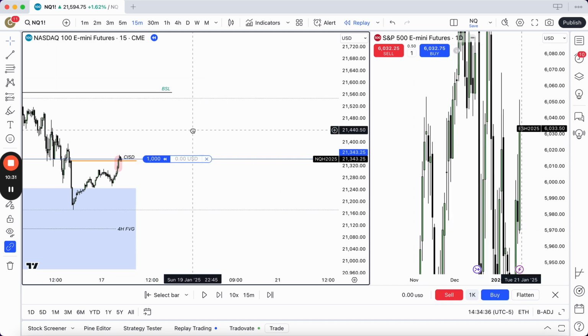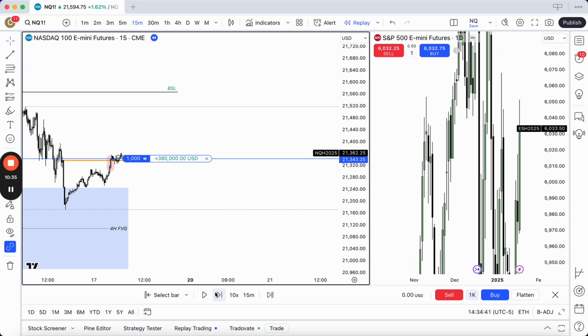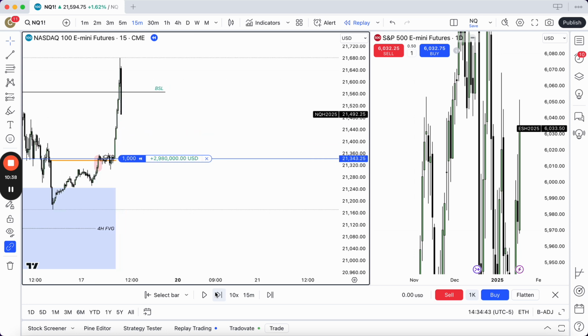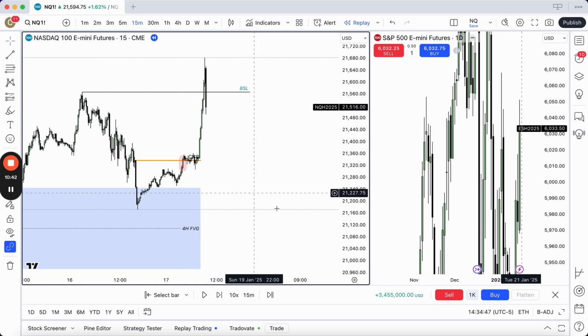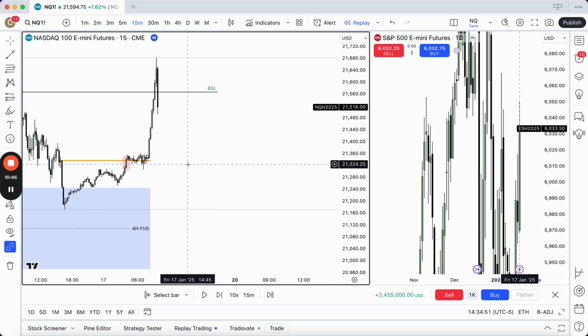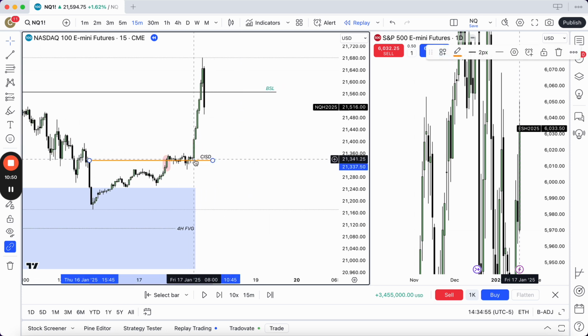Right? Boom. We just made 2 mil, 3 mil. Easy money. Right? But you see how this setup is valid.